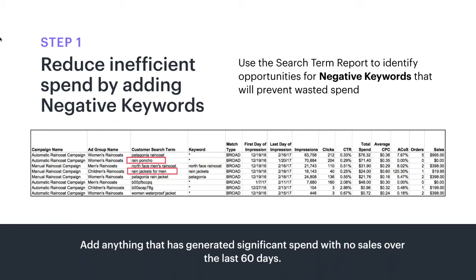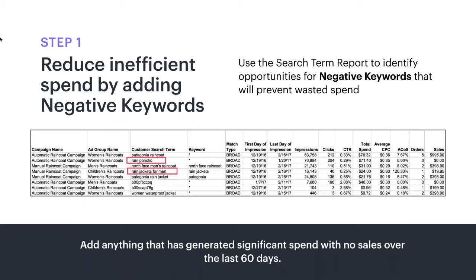Getting back to this second example, you don't want to look at negative keywords just for your automatic campaigns. We've found that you can make a broad or phrase keyword a lot more efficient on the manual side if you look at all of the search terms being served against it.